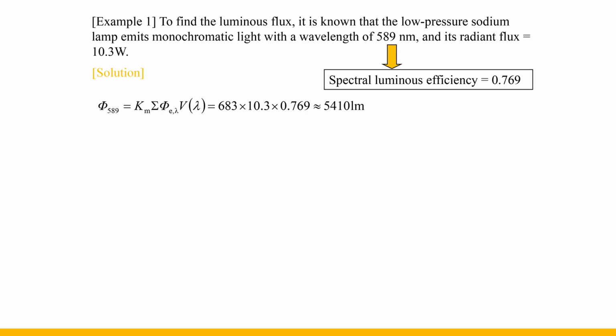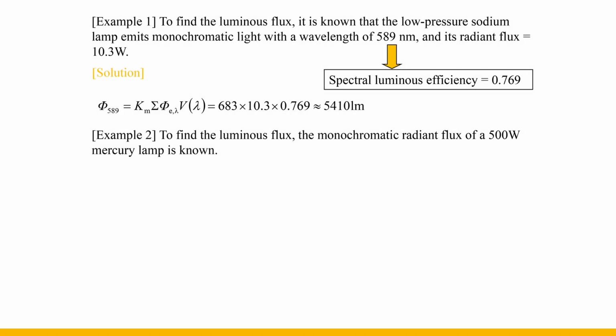From the spectral luminous efficiency curve, it can be found that the spectral luminous efficiency corresponding to 589 nanometers under photopic vision is 0.769, and the luminous flux is equal to 5,410 lumens.